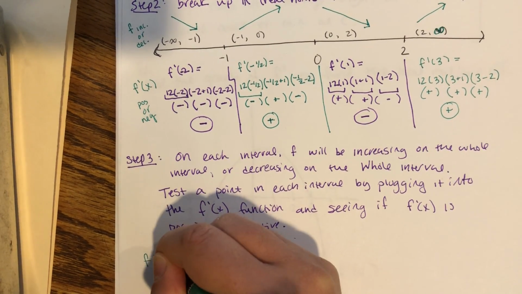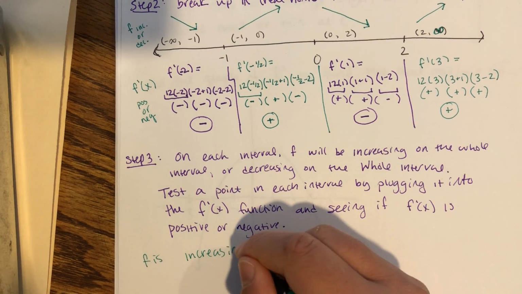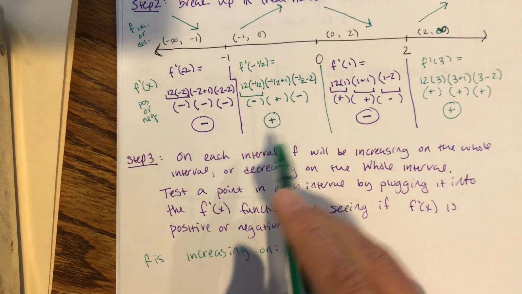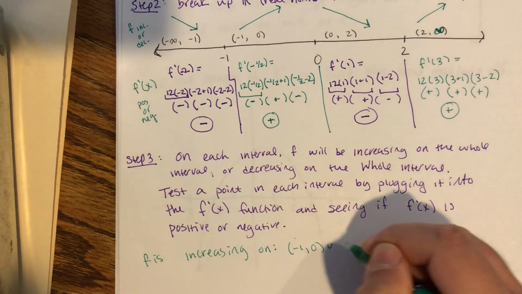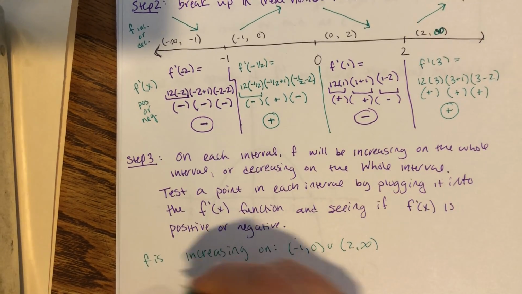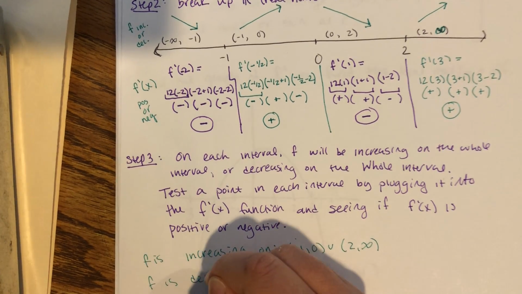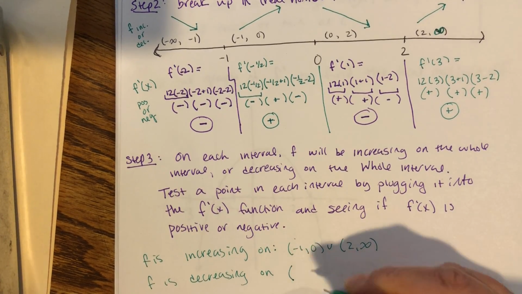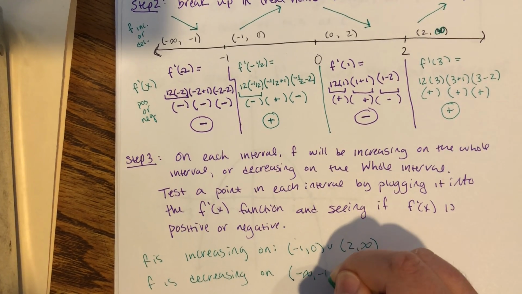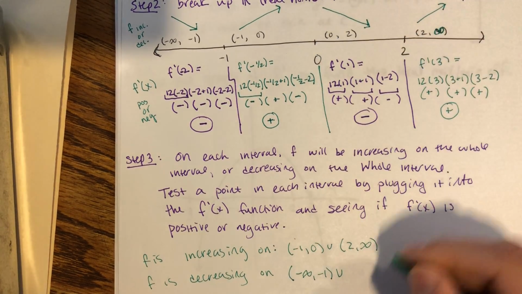So f is increasing on the intervals negative 1 to 0, union 2 to infinity, and f is decreasing on negative infinity to negative 1, union 0 to 2.